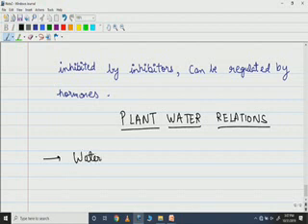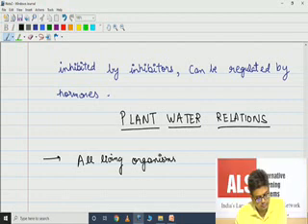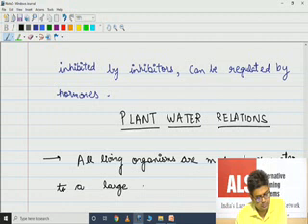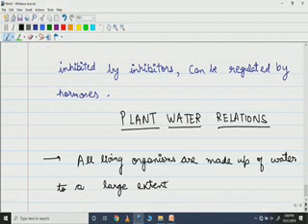All living organisms are made up of water to a large extent.